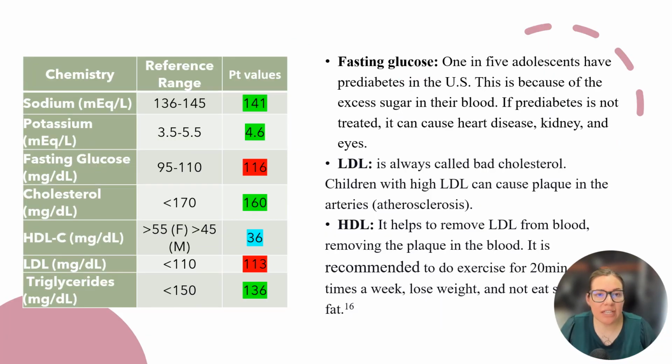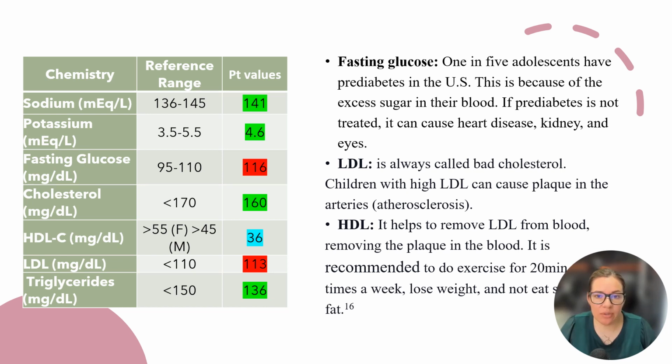In this slide, we have the labs from the patient. Even though her intake of sodium is really high, she's under the normal values. Potassium is in the normal range. However, the glucose and LDL are really high, and HDL is low.